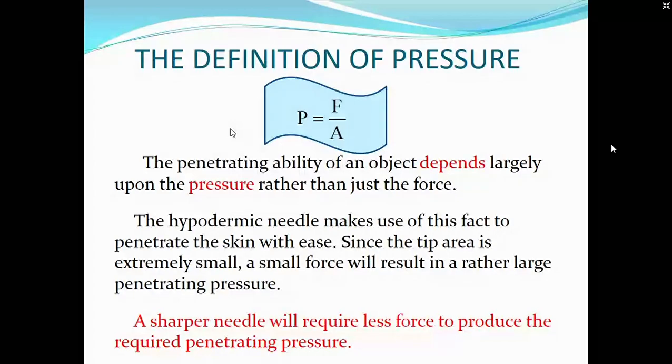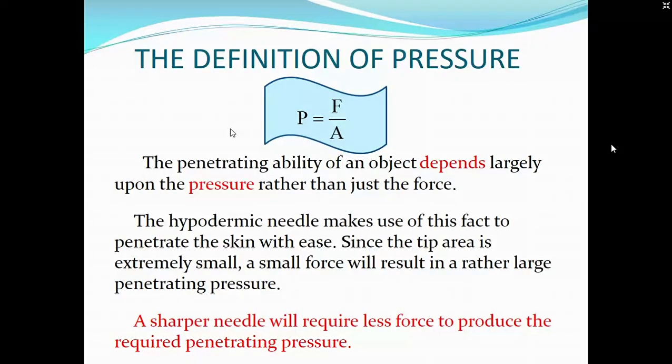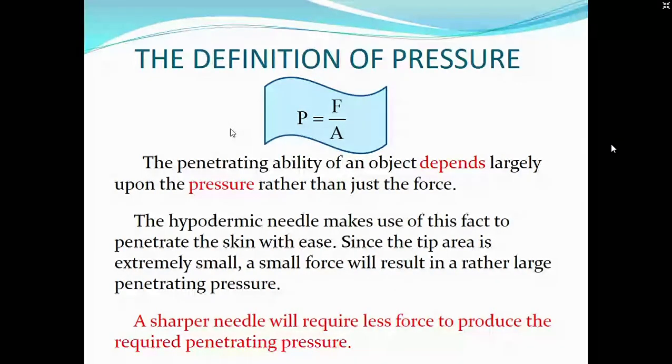That's why the verbal definition of pressure is normal force per, as we discussed previous time, instead of divided by, we say per unit area. Why per unit area? Because if the denominator is 1, then pressure would be exactly equal to the force. So pressure would be equal to the force only if the area is 1 square meter, for example. So that's why normal force per unit area.